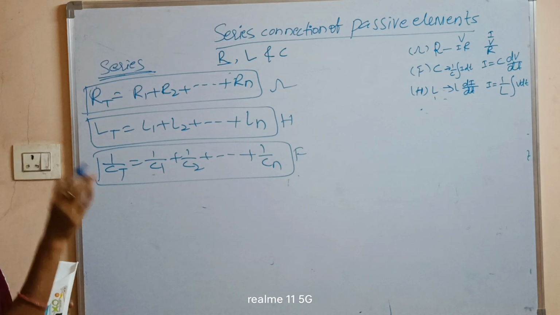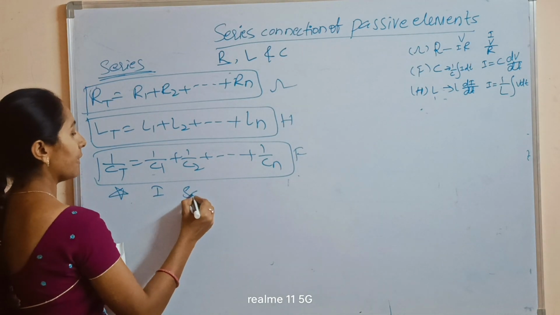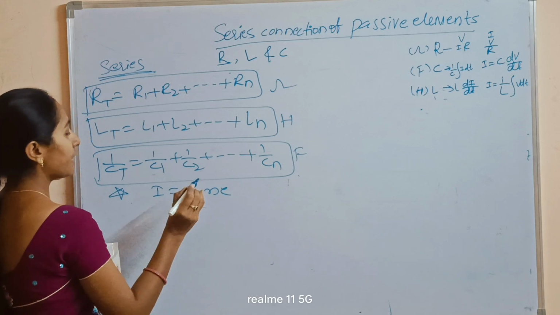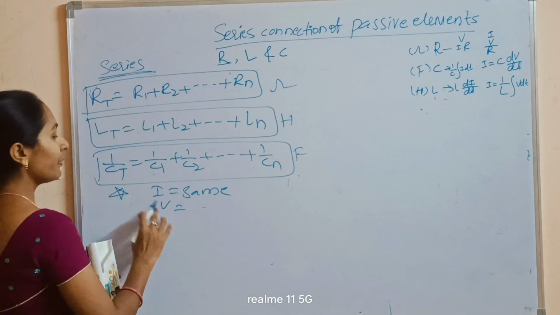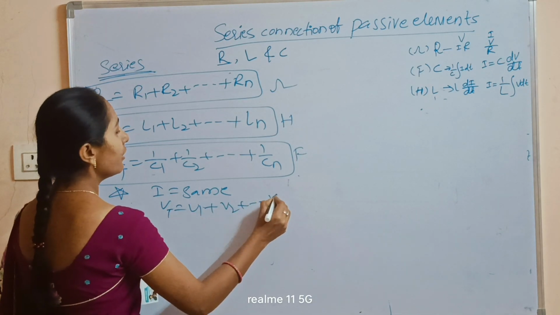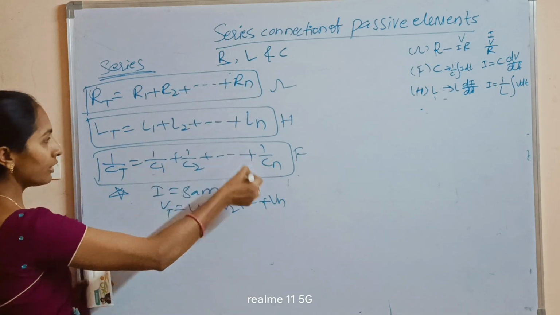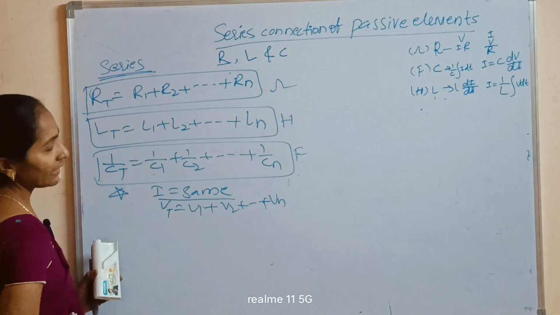Okay, so for a series connection, one main point is that current must be the same. In series connection, current is the same and voltage is divided. So V total equals V1 plus V2 plus so on plus Vn. This is common for all three, and current is also the same for all three cases.